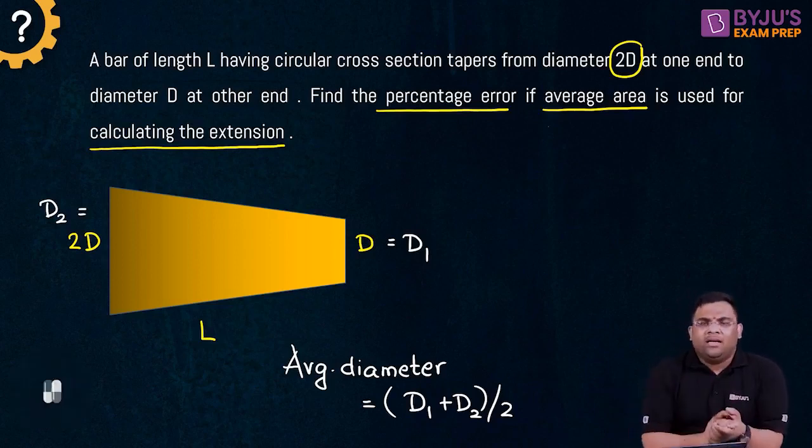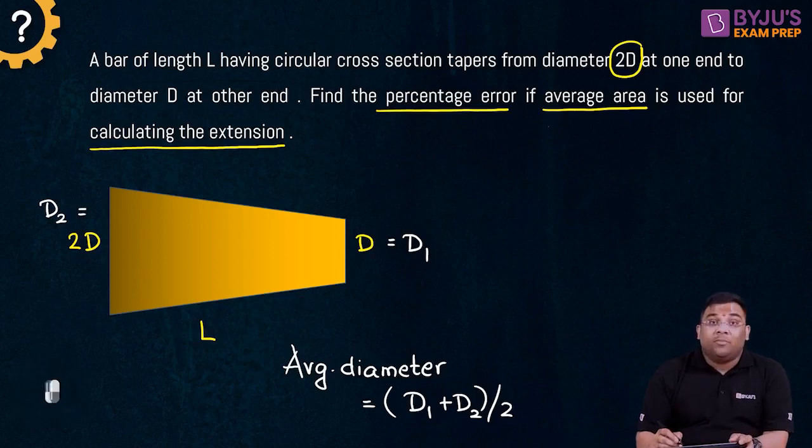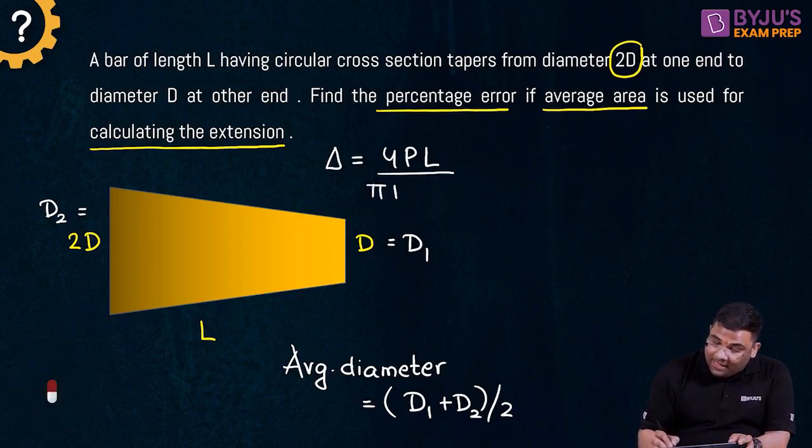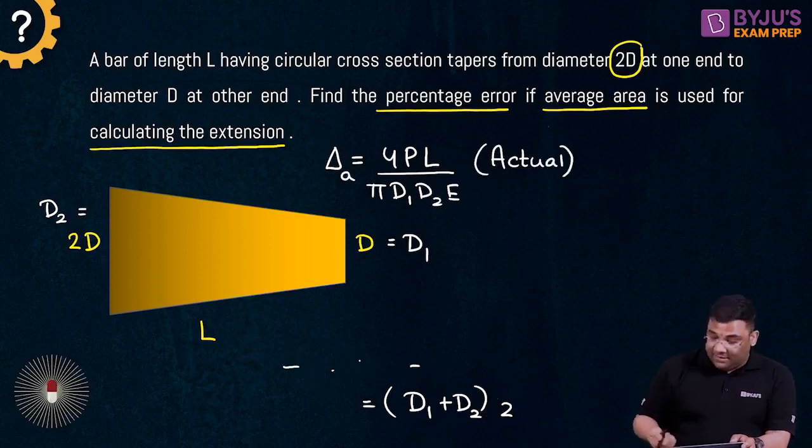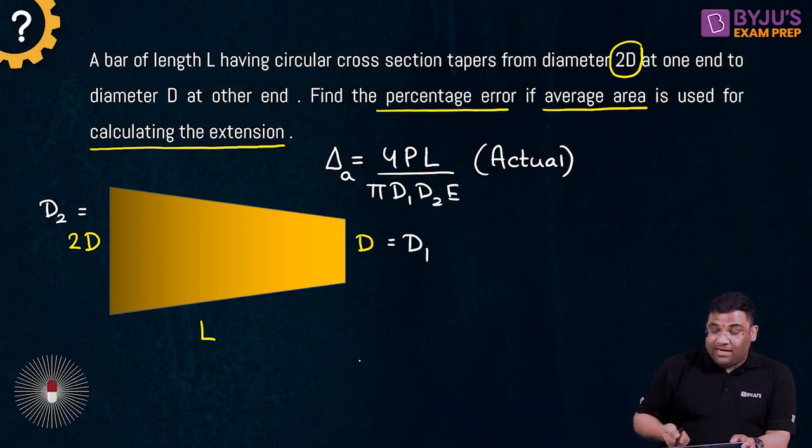Now understand that it is not correct to take the average diameter, because the actual expression was 4 PL by pi D1 D2 E. This is the actual deformation. Now if you consider the average diameter and find out the expression, that will be the error one.